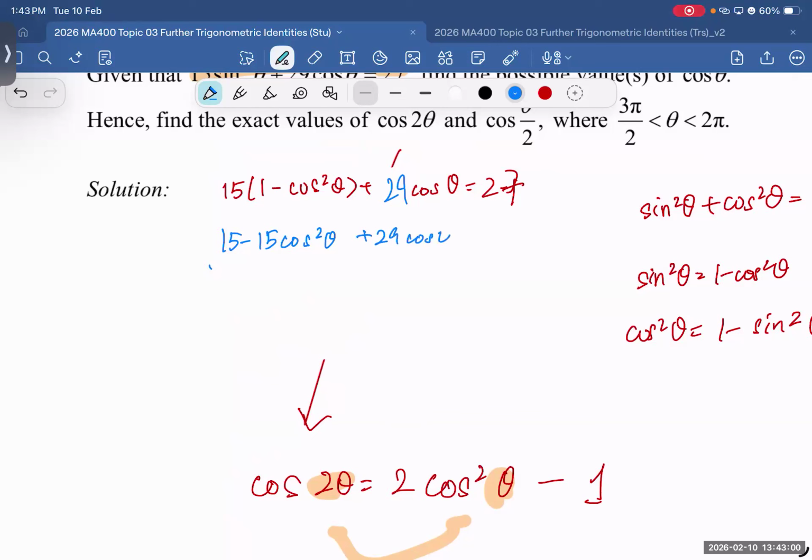Alright. 3 to 15 over, alright. 3 to 29 over, alright. Got it. Okay. Yeah. Right. Okay. Zero.